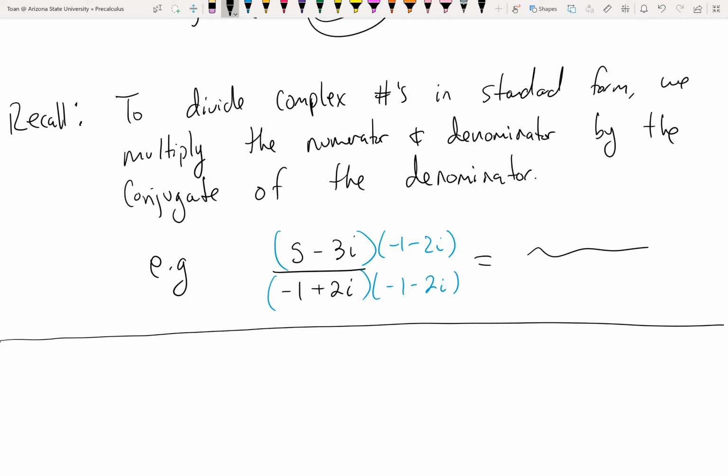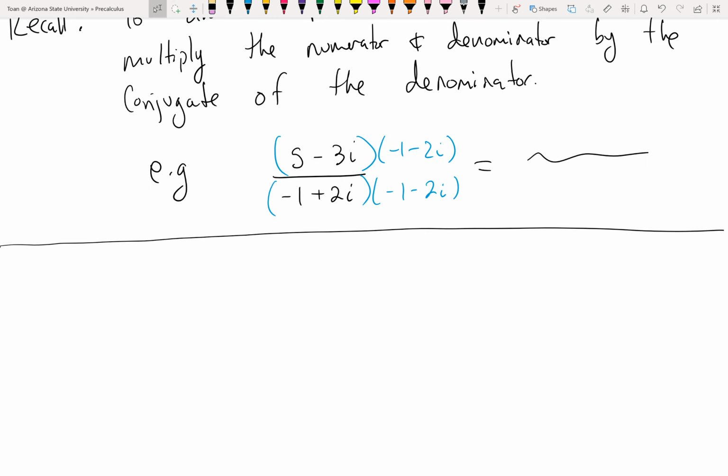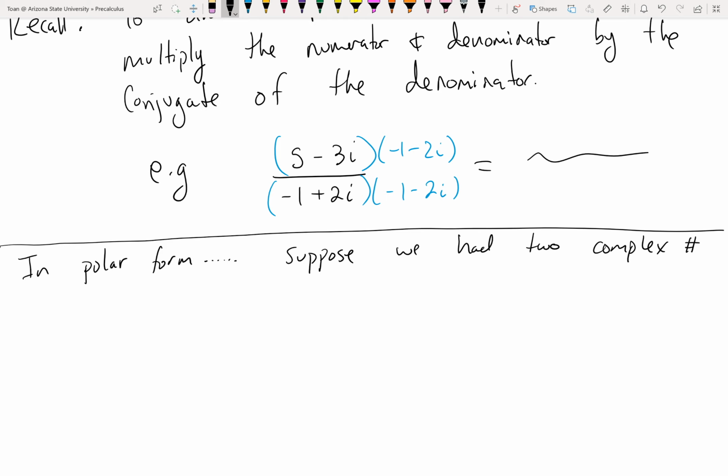Compare how simple multiplying and dividing complex numbers is in polar form. It's so simple that we can actually prove it. So in polar form, suppose we had 2 complex numbers.